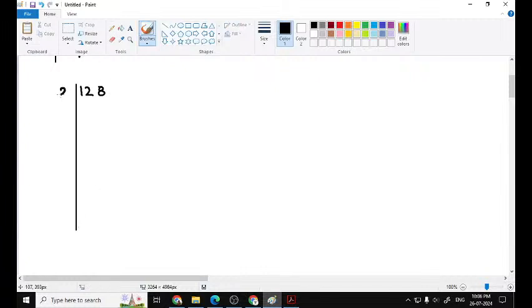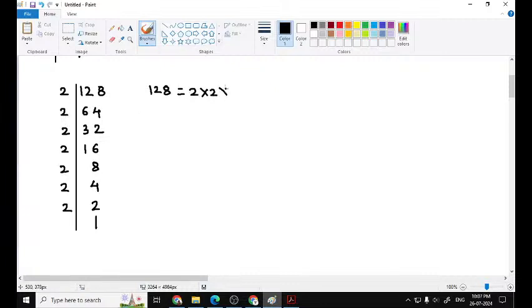Which is an even number, so divided by 2, quotient is 64, divide that by 2, quotient is 32, divided by 2 to get 16, divided by 2 to get 8, divided by 2 to get 4, divided by 2 to get 2, divided by 2 to get 1. 128 is equal to 2 multiplied seven times.